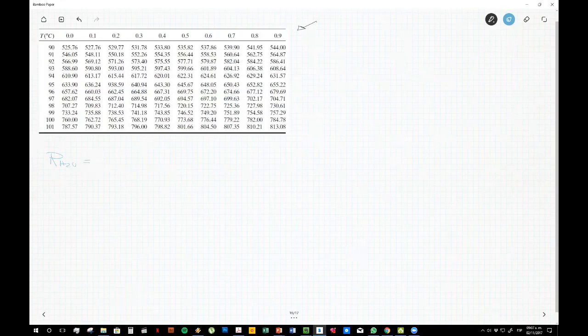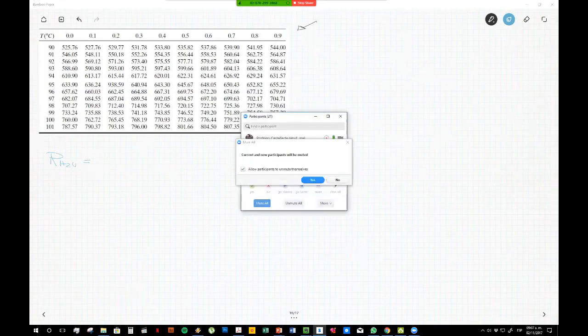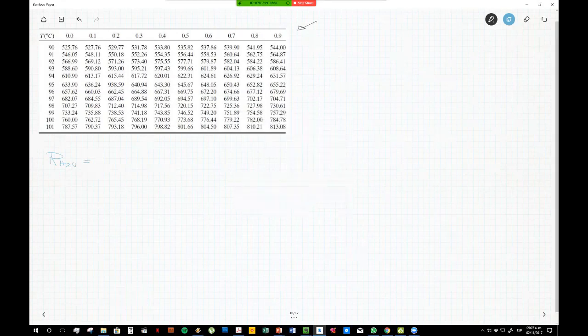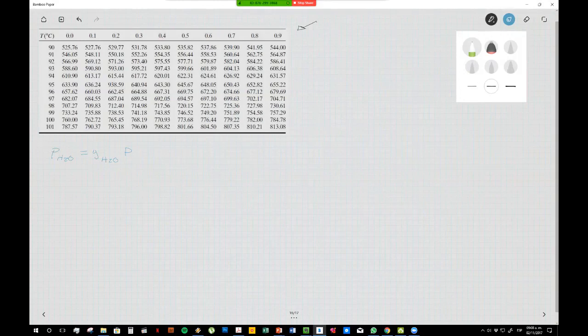So the partial pressure of water should be the molar fraction of water in the vapor, right? Times the pressure. Okay. Let me do the pen.